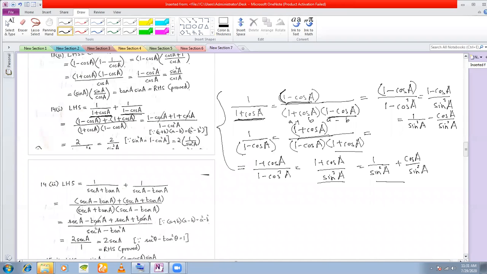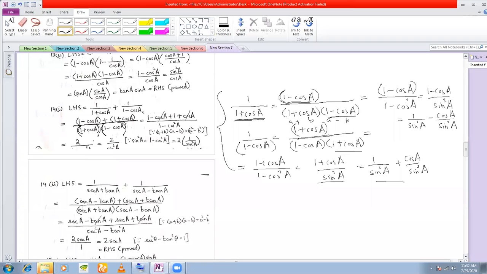You can multiply this fraction by 1 minus cos A, and this fraction by 1 plus cos A in the numerator and denominator respectively. Or just because I have 1 plus cos A and 1 minus cos A in the denominator, I can also take the LCM, because if I take the LCM, I am taking a product of A plus B into A minus B.